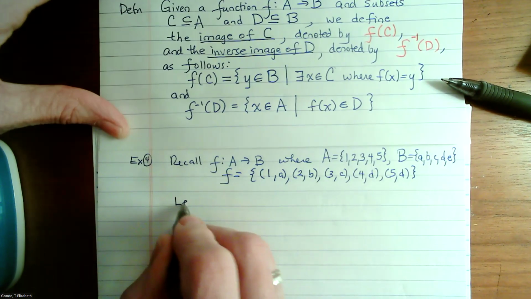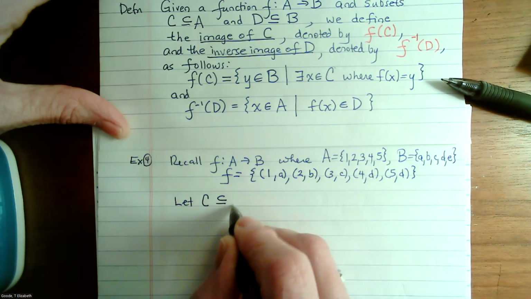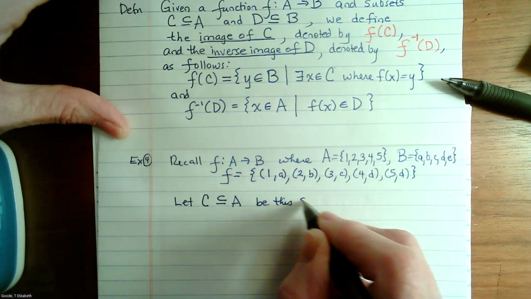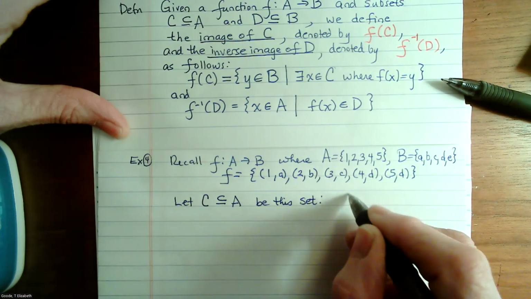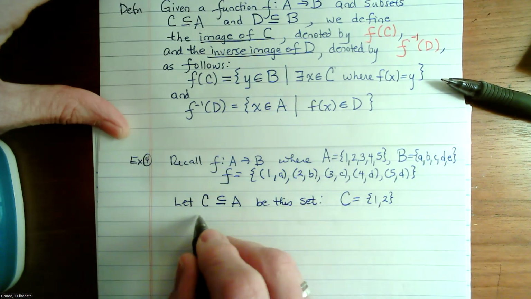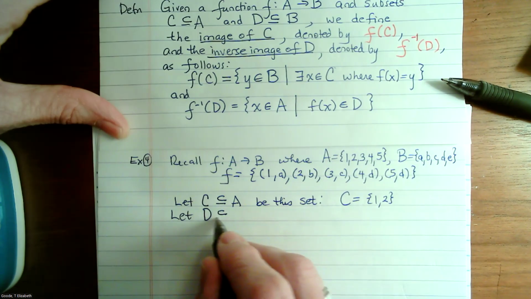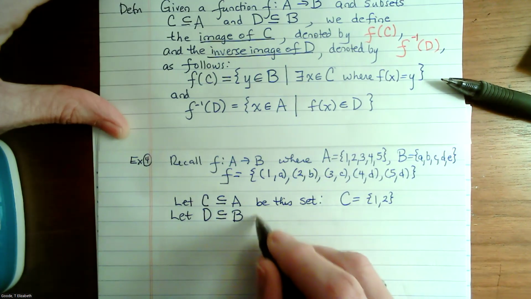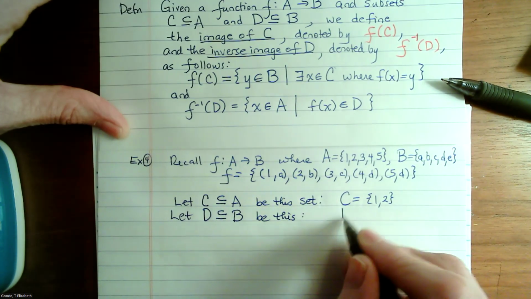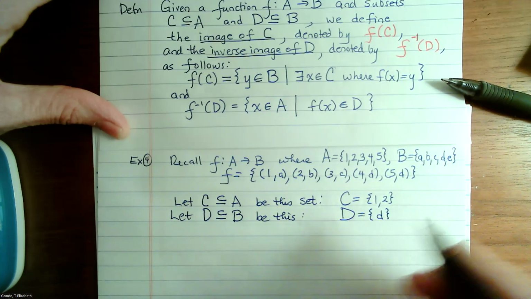And we're going to let C, big C, be a subset of A, be this set. C is going to be the set containing 1 and 2. And we're going to let D, big D, be a subset of set B. Set D is the set containing little d, that's all.